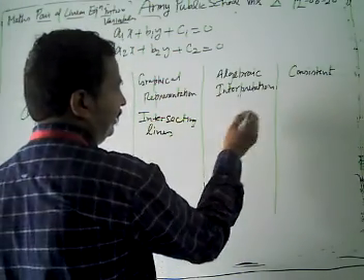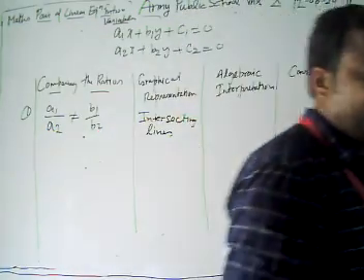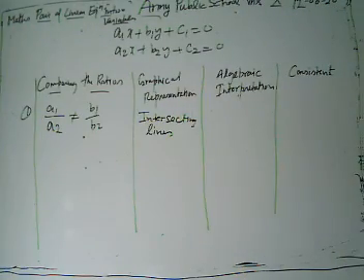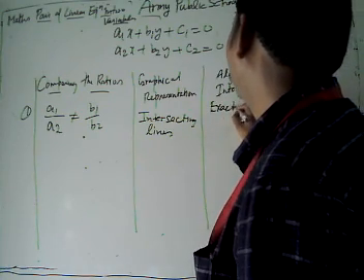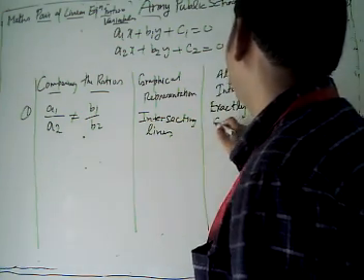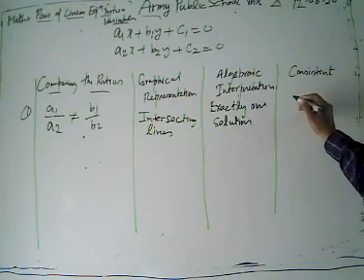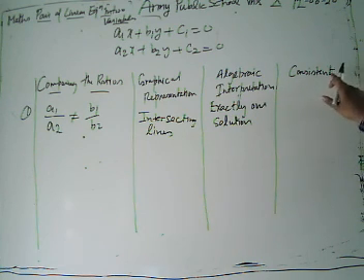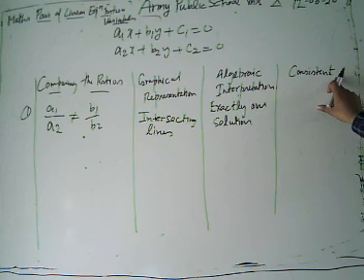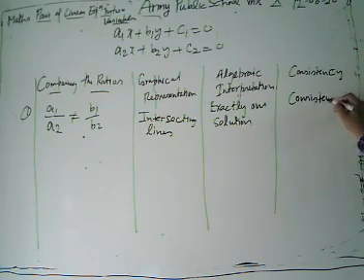When our lines are intersecting, there is a unique solution, exactly one solution. And since we have a solution, our system is consistent.